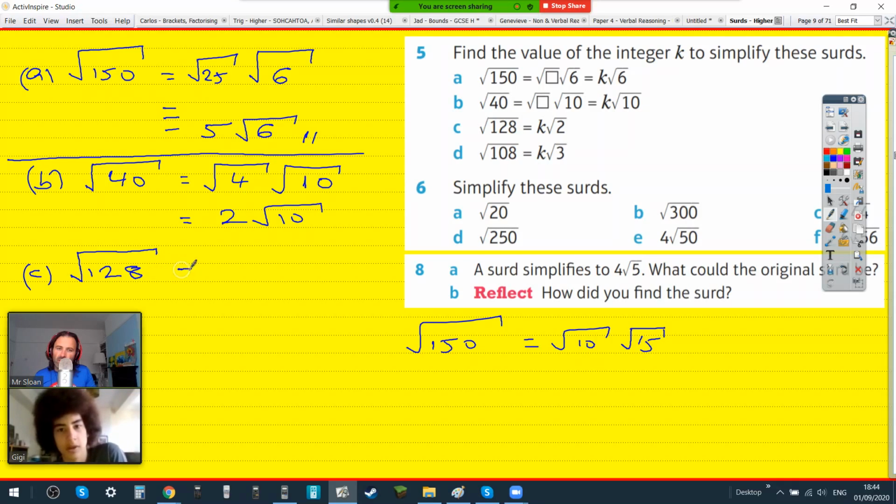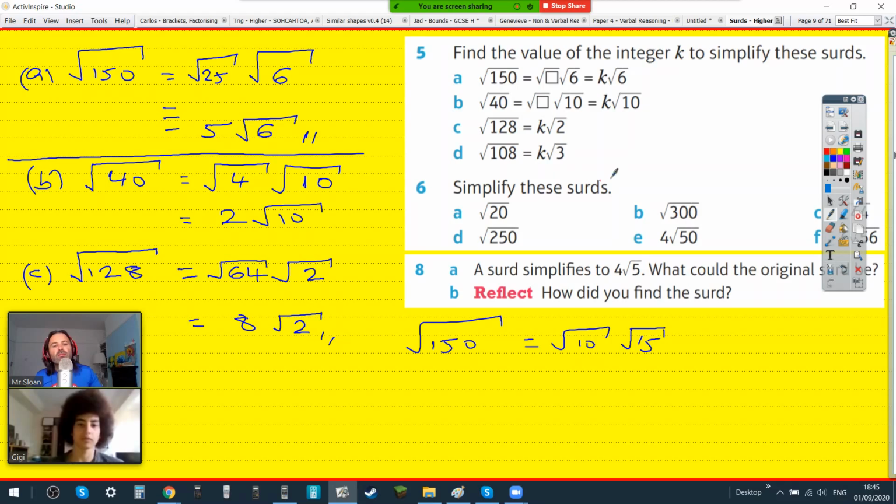So k would be root 16. It'll be root 69. I think it's 64. Oh, 64. Yeah. A will be 8. That's it. 8 root 2. I think you're good for those.